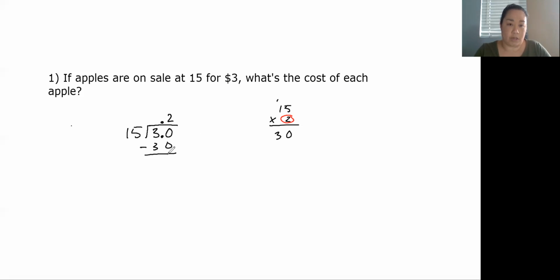Because we need to subtract it. We need to make sure our remainder is 0. So if you're looking at 0.2, because we're talking about money, $1 looks like this, right? But if we put our decimal, $1 looks like this. So 0.2 actually means 20 cents, right?